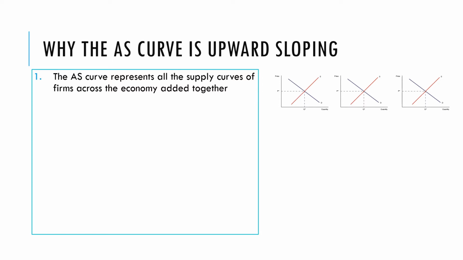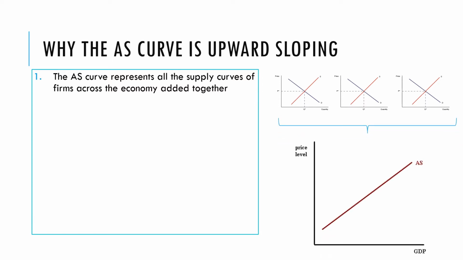If we add it across all the industries in the economy, because they're all upward sloping, in aggregate across the economy, AS would be upward sloping and showing us the relationship between the price level across the whole economy and output across the whole economy, real GDP.